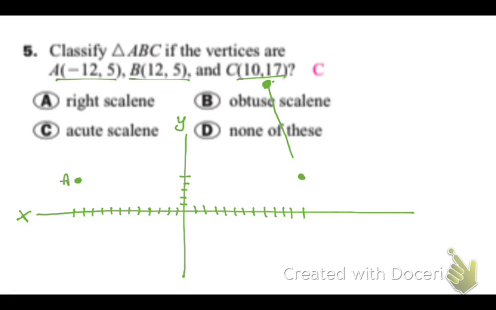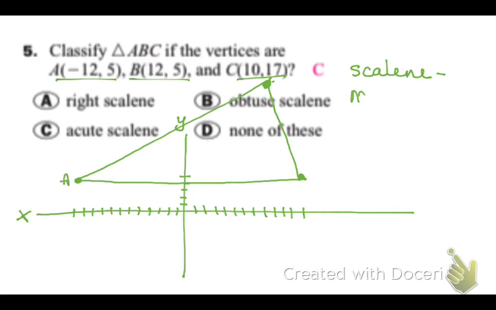So let's draw our triangle. Is this a right scalene, an acute scalene, obtuse scalene, or none of the above? Obviously you need to know what scalene means. Scalene means no sides are equal.